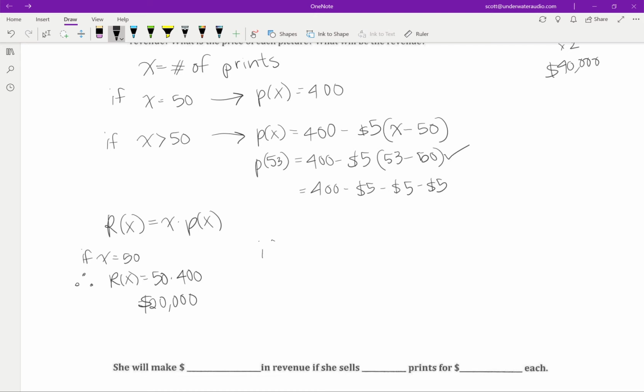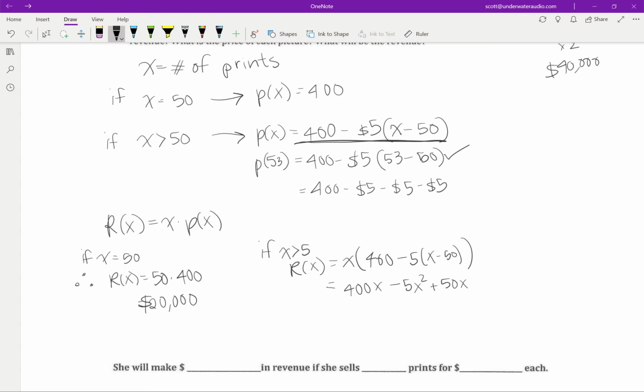But otherwise, if x is greater than 50, R of x is going to equal x times my price, excuse me, my demand equation, 400 minus 5 times (x minus 50). I have to clean that up a bit. 400x minus 5x squared plus 50x. Okay, so minus 5x squared plus 450x.